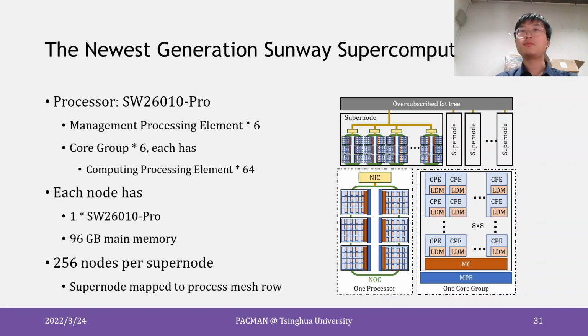Each node has one such processor and 96 gigabytes of main memory. Each supernode has 256 nodes, mapping to a row in our 1.5D partitioning process mesh.